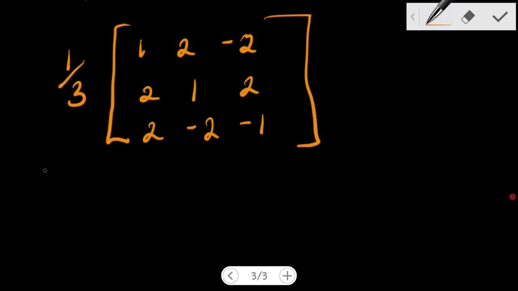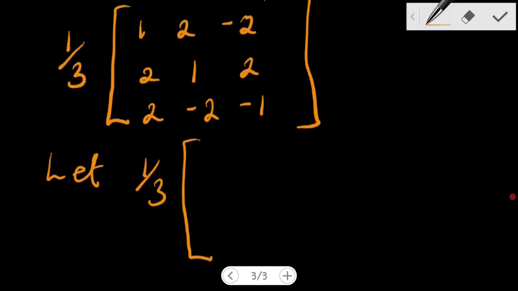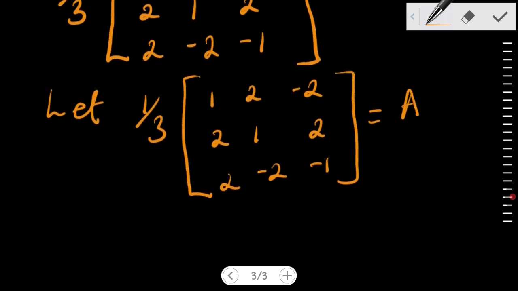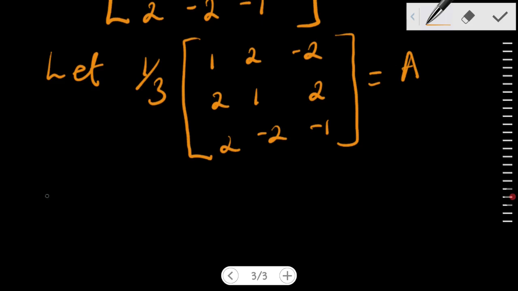But firstly, let the original matrix be 1 out of 3 times 1, 2, negative 2, 2, 1, 2, 2, negative 2, negative 1. After assigning it that letter, this would be A. Now let's transpose this.